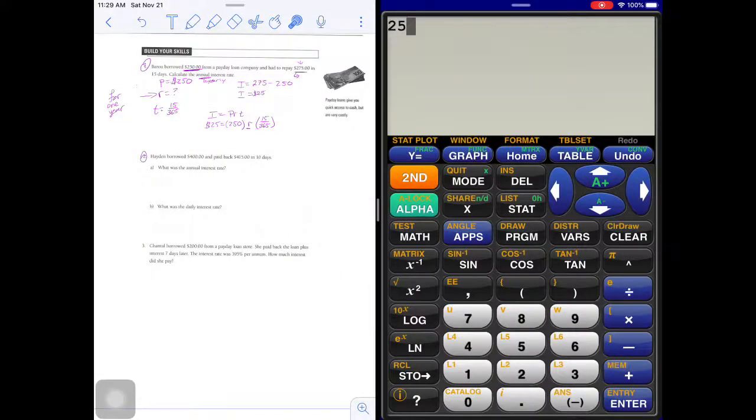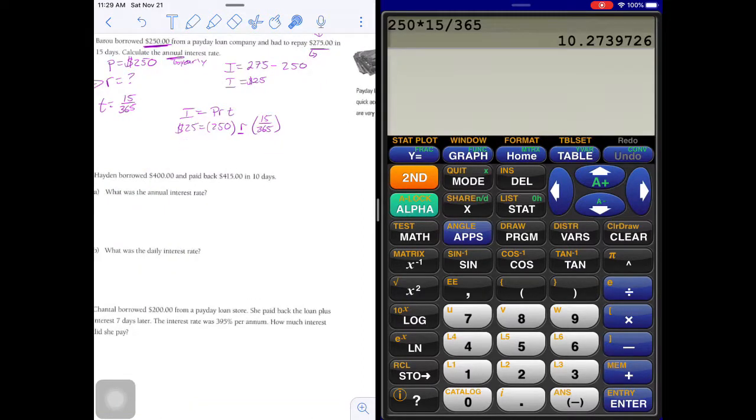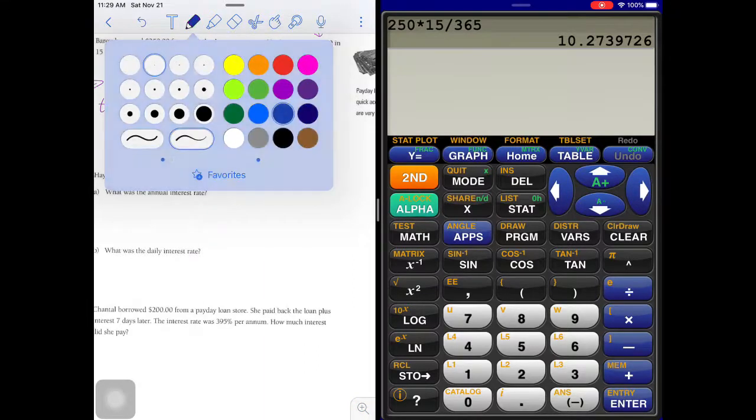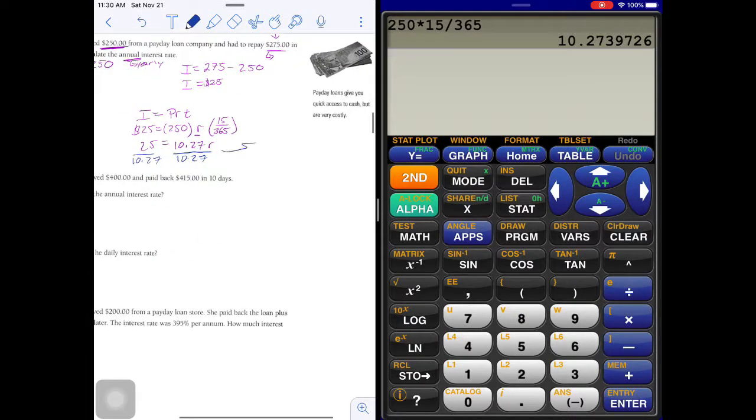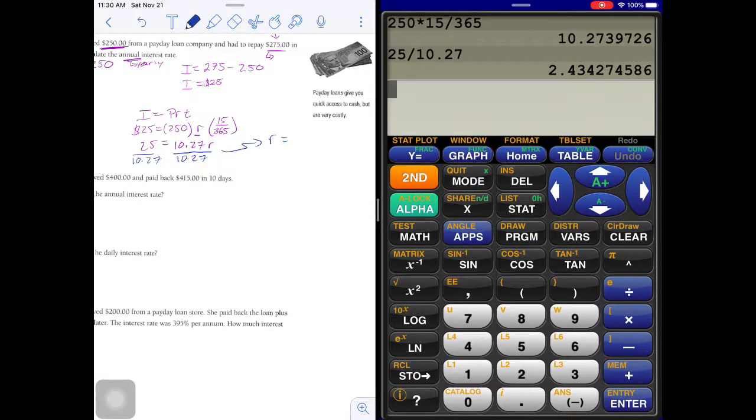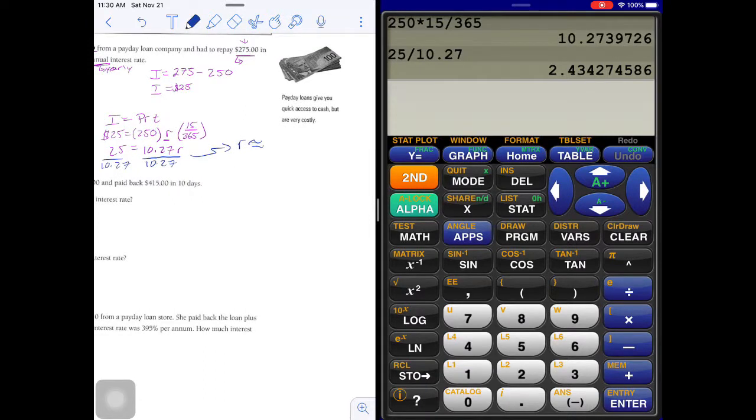So 250 times 15 divided by 365. So that gives me 25 equals 10.27 R. And then hopefully you know some simple algebra. If you don't, please come in and ask, but we're going to divide by 10.27. So we're going to do 25 divided by 10.27, and that's going to give us an annual interest rate of 2.43%.